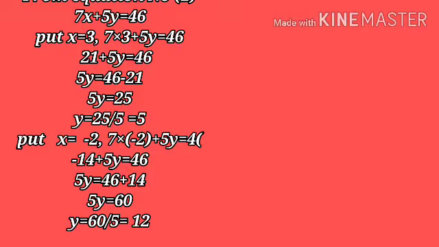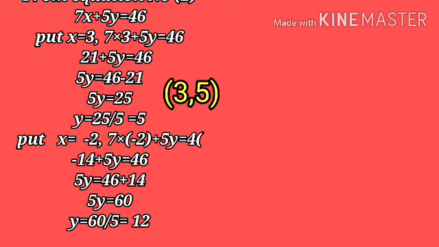7 into 3 means 21. Now 21 transfer to the right side, so 5y is equal to 46 minus 21, and 46 minus 21 is 25, and now 25 divided by 5, we will get only 5, which is an integer. Now if we put x is equal to minus 2, so 7 into minus 2 plus 5y is equal to 46.